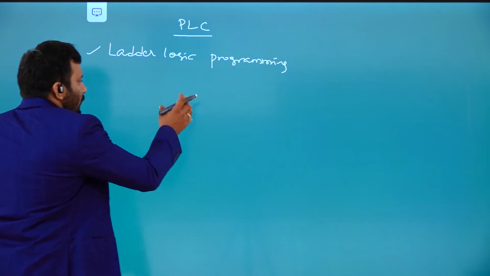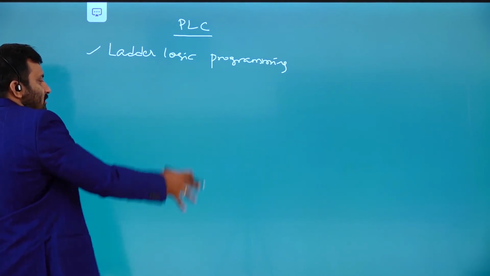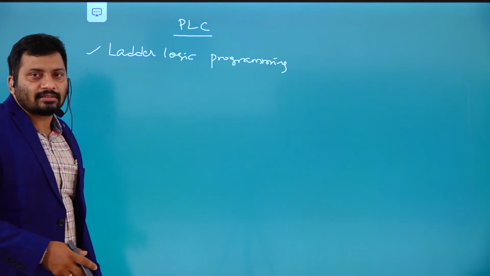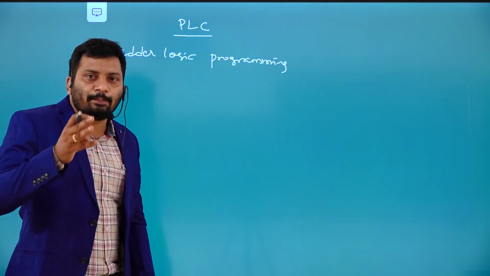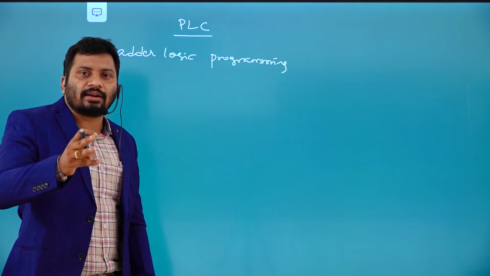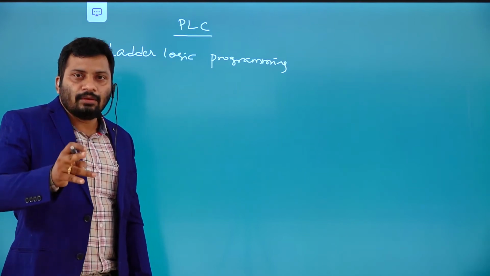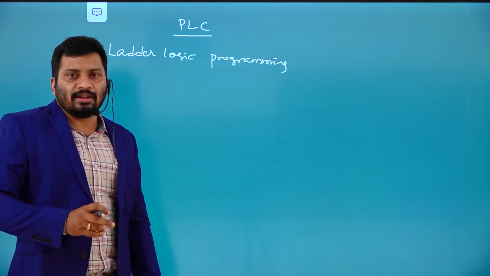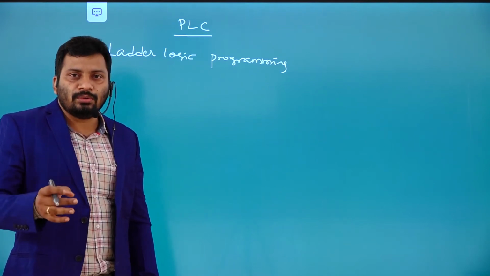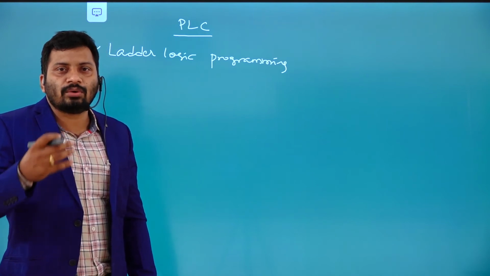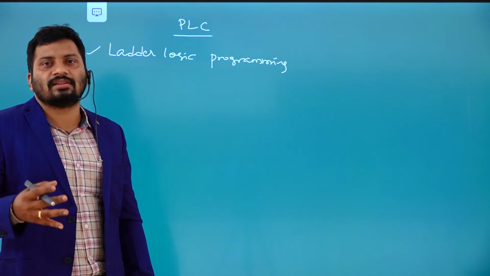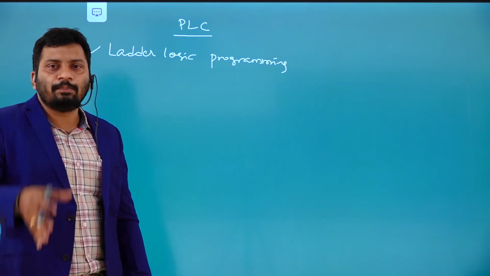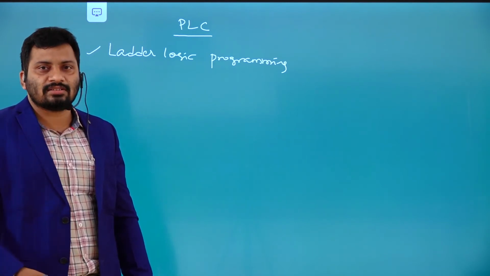Before writing instructions for a dedicated task, we need to see some basic instructions using contacts and coils, and then write small programs for simple applications, right? So before going to discuss these two things, I want to discuss how we address the different terminals in the PLC input module as well as the output module.